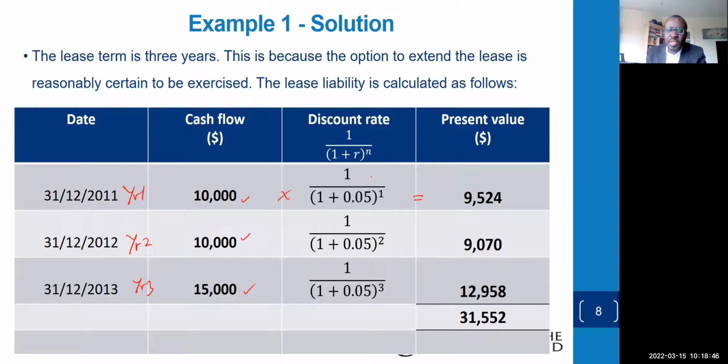I could have just brought the discount factor here, but I decided to expand it and leave it this way. If you have discount factor tables, try 5% for year one, and you should get a certain figure on the table. If you want to use 2 decimal places, that's okay. If you want to use 3 decimal places, that's okay.